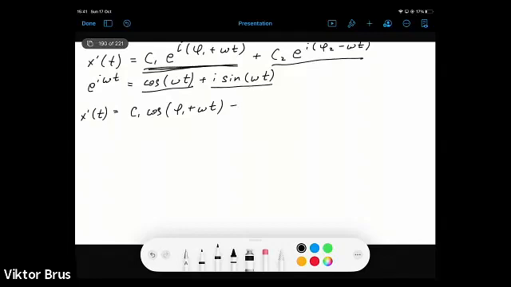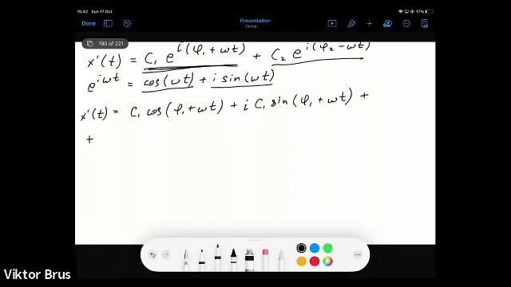Now we need its imaginary part. It will be plus i C1 times sine (φ1 plus ωt). So now we are done with the first term, and we need to write the second one.